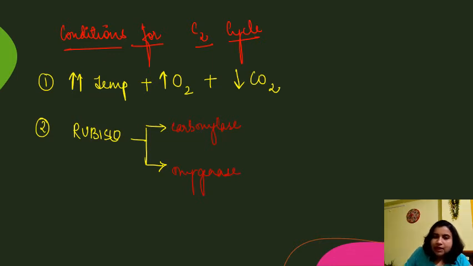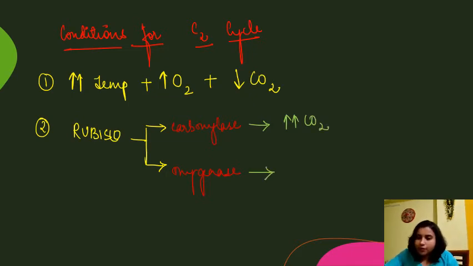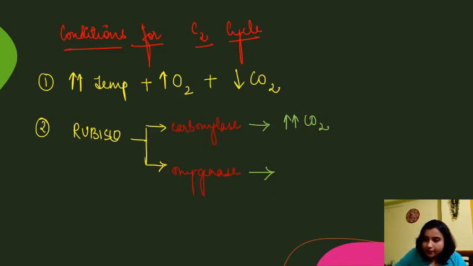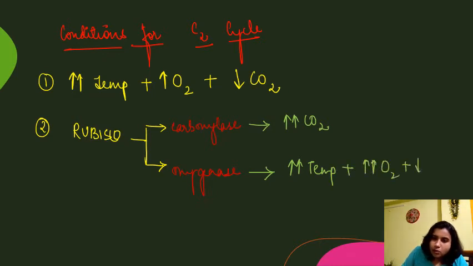It will act as carboxylase when there is a high amount of carbon dioxide, and it will act as oxygenase when there is a very high temperature plus high oxygen plus low carbon dioxide, right?